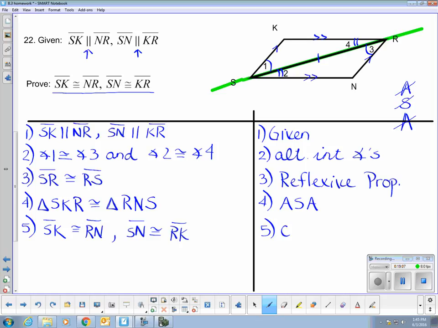Now all those are corresponding parts, and they do belong to congruent triangles, therefore they are also congruent.